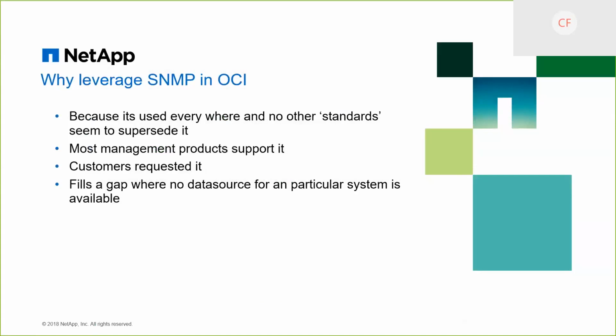Most management products, your SolarWinds, your OpenViews, your OCIs, whatever, support it in one form or another. You guys requested that we support it. And the big thing is it fills a gap where we don't have a data source for a particular system, and it's not available, and at least it gives you some means to collect data on these systems.